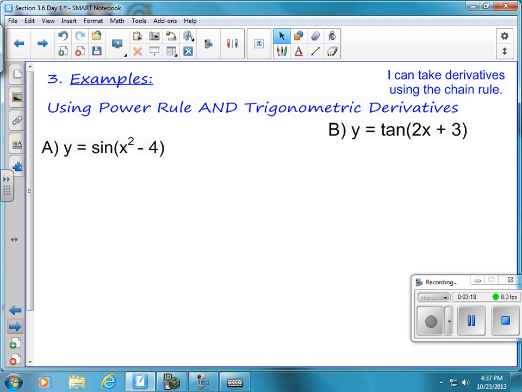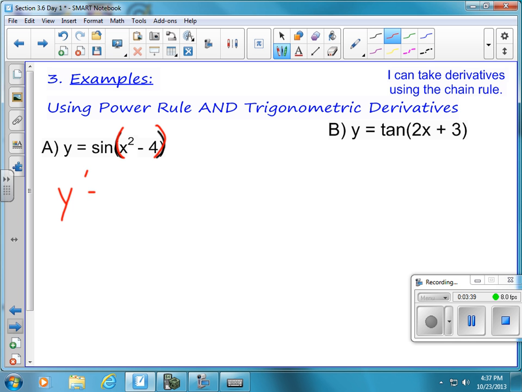A couple more examples using trigonometric derivatives and also using polynomials. The outside function this time is sine. The inside function is again x squared minus 4.